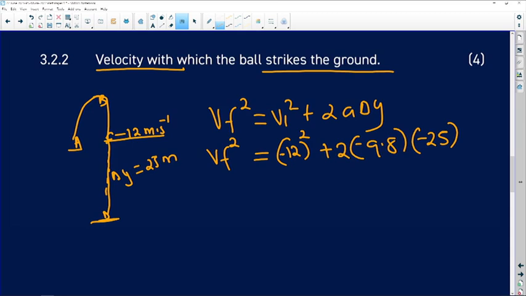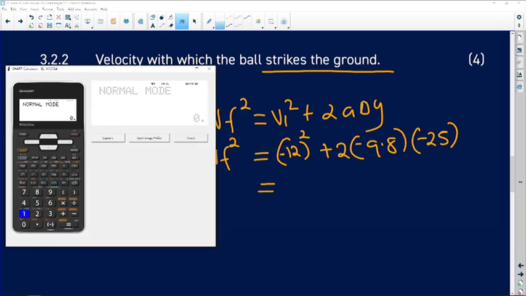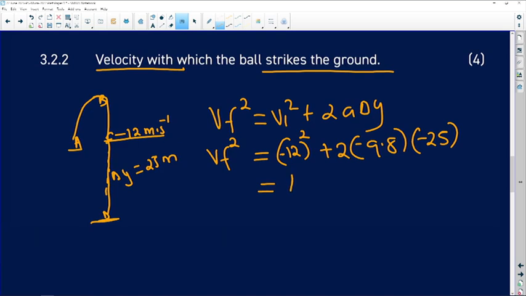All right. We go into our calculator now. We just punch in everything that we have. 12 squared will give me 144. And plus and negative will give me positive.